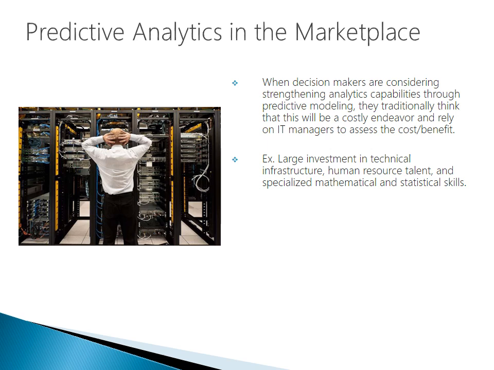Now, when we're looking at IT managers to assess this cost benefit, they traditionally think about it as having a large investment in the technical infrastructure. I need to have servers with tons of machines. I need to hire these really expensive data scientist guys with their six-figure salaries. And these people need to have specialized math and statistical skills.